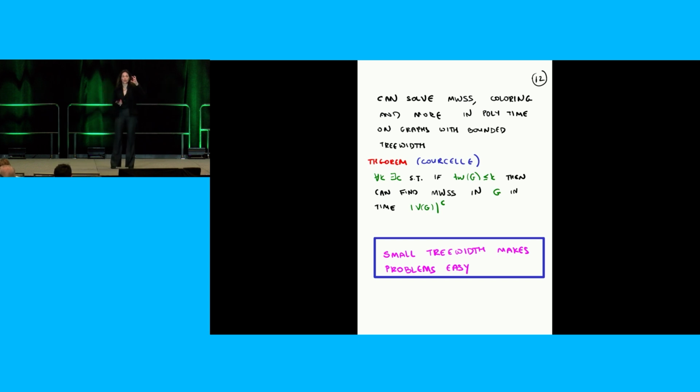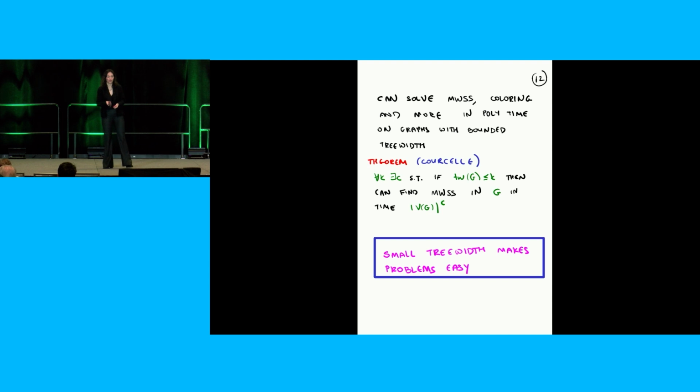You can solve it on a graph with tree width at most 100 by the same algorithm. You can find a set of 100 vertices, deleting which breaks the graph into 2 parts of roughly equal size. Now you go through all possibilities of how your best stable set intersects a set of size 100, of which there are only 2 to the 100 possibilities. And now you solve the problem in this direction, you solve the problem in that direction, and you take the union. And that's called dynamic programming.